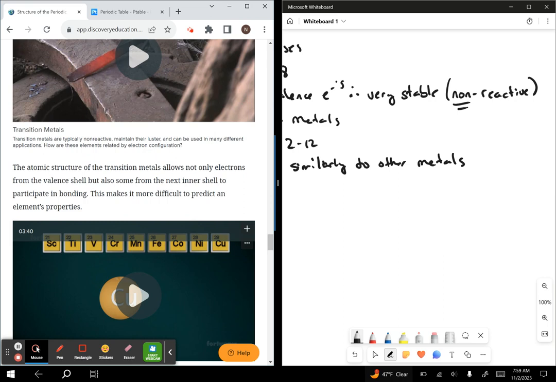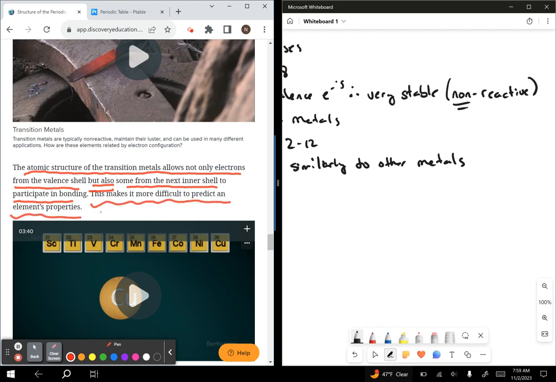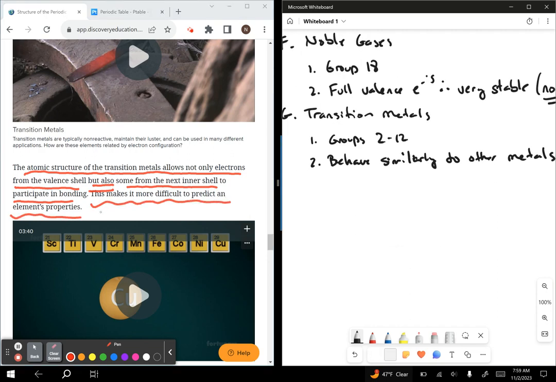Now, here's the part that I want to draw your attention to. The atomic structure of the transition metals allows not only electrons from the valence shell, but also from the next inner shell to participate in bonding. And this is what makes it more difficult to predict an element's properties. Okay, so let's just write that down.